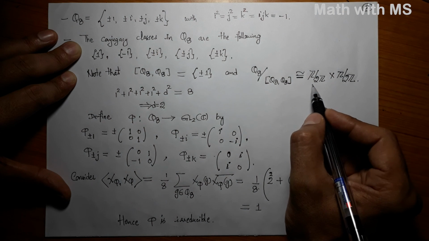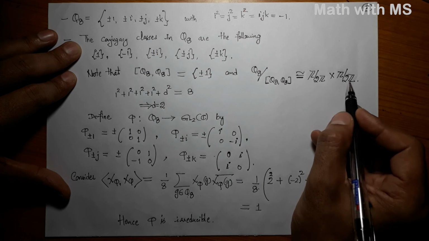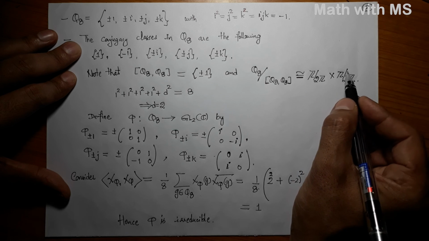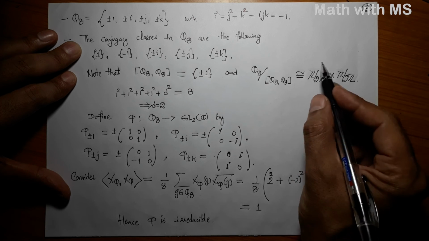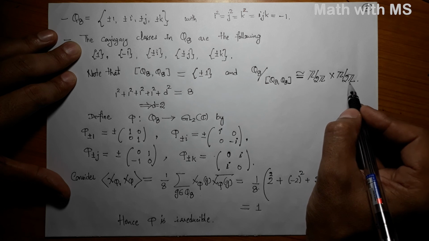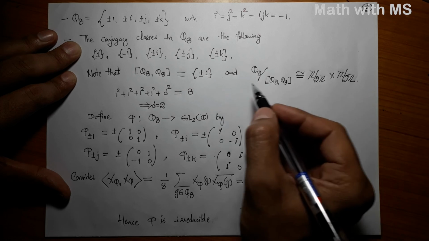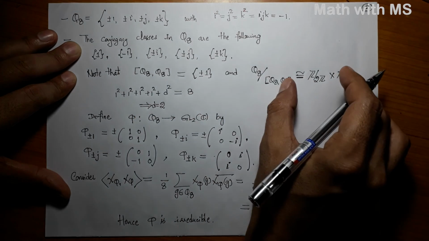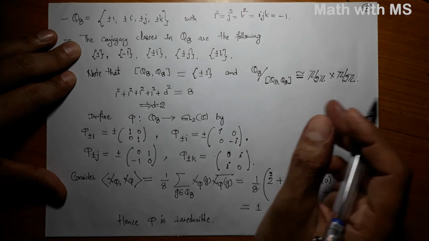In fact, it turns out to be Z mod 2Z direct sum Z mod 2Z. In this lecture itself we computed all inequivalent irreducible representations of Z mod 2Z times Z mod 2Z. Therefore we can retrieve all degree 1 representations of the quaternion group from here. I will explain that later on.